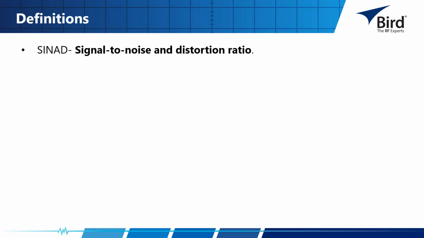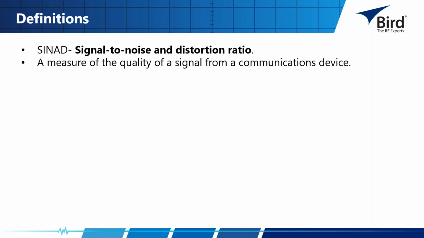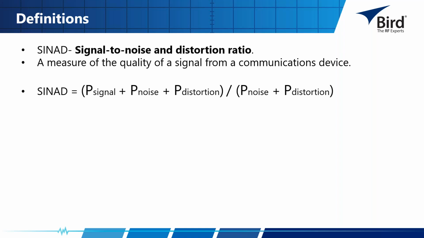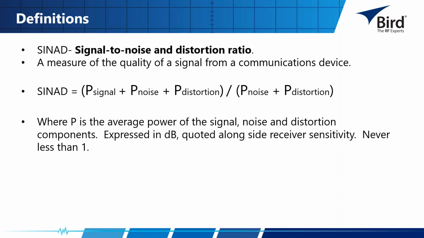And SINAD is the signal to noise and distortion ratio. It is a measure of the quality of a signal from a communications device. SINAD is equal to P sub signal plus P sub noise plus P sub distortion, divided by P sub noise plus P sub distortion, where P is the average power of the signal, noise and distortion components.